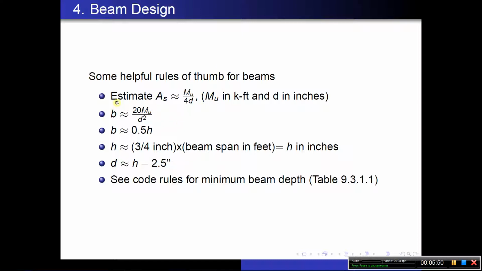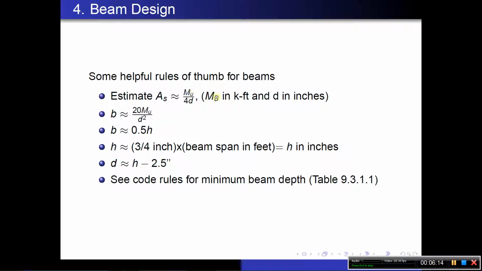In any case, if you wanted to estimate the amount of steel that you need, you can calculate that by this ratio, M sub u over 4 times d. Now, this formula has been derived, and the units are supposed to be in a special form.